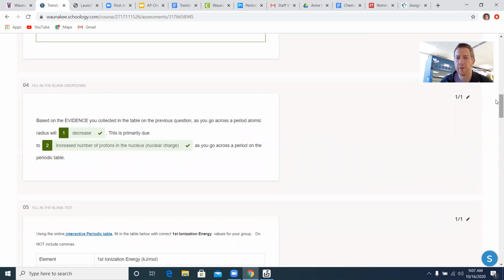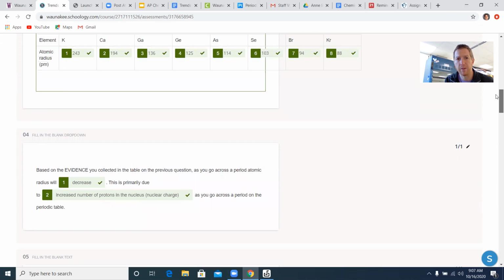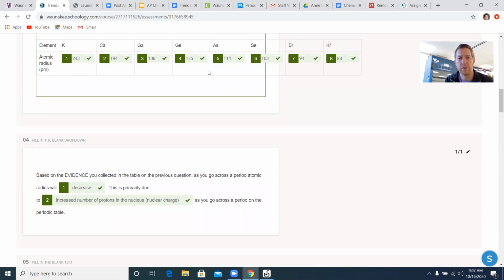Question number 4, this is the trend that students struggle with. As you go left to right, atomic radius actually decreases a little bit. You can see that of the numbers that I have on the top of the screen right now. The reason why is because as you go left to right across your periodic table, so again, look at sodium with 11, magnesium with 12, then I move over here, you have aluminum with 13, so on and so forth.